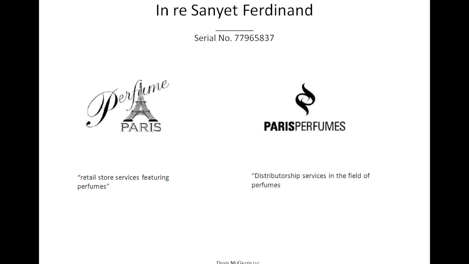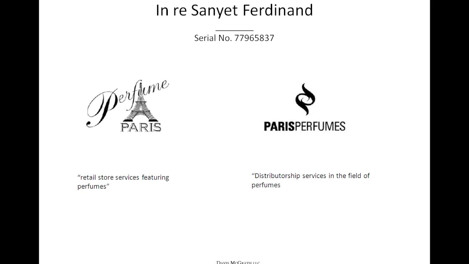And then looking at the marks themselves, although they both use the words perfume and Paris, the dominant element of the mark on the left would be the design element of the Eiffel Tower, and there certainly is something to be said for the design of the mark on the right with the vapor image that's there, and so they certainly did have different commercial impressions.